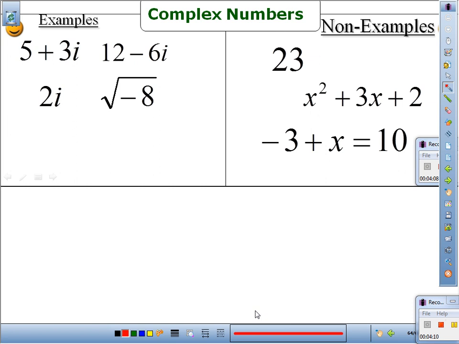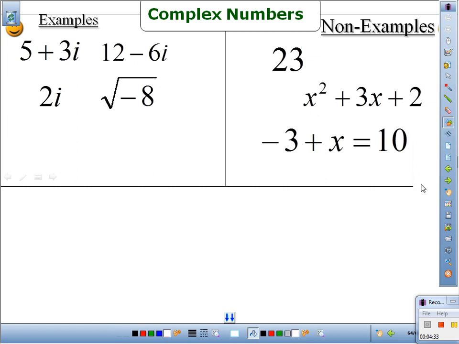Jordan, why are those not complex? They don't have an imaginary number. That is correct. None of those have imaginary numbers. They could be equations, they could be polynomials, they could be numbers, but if they don't have an imaginary, that means it cannot be a complex number.